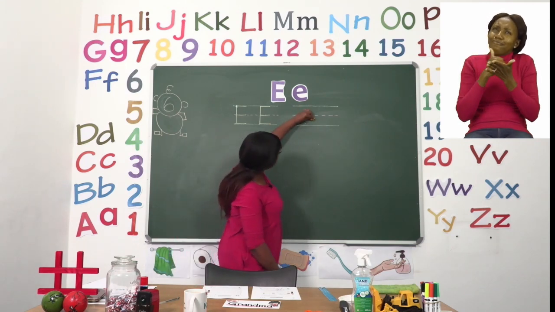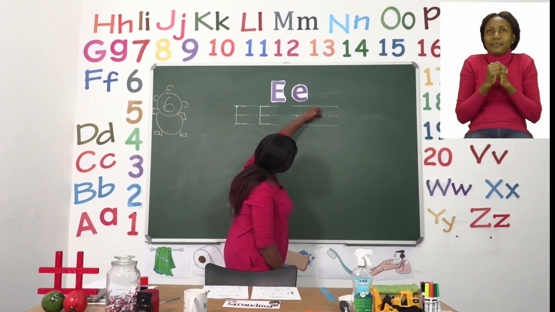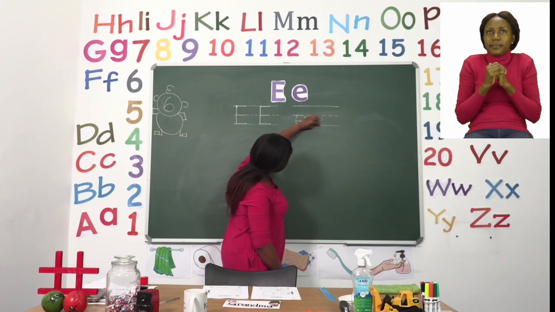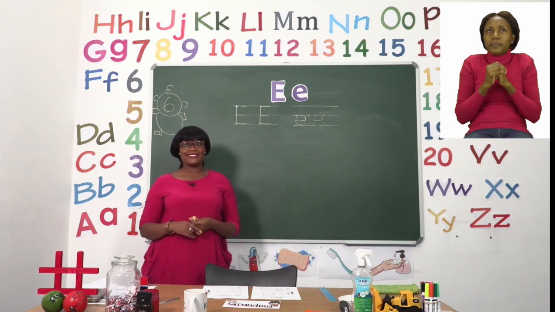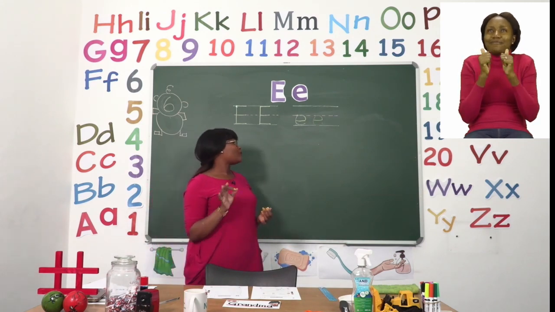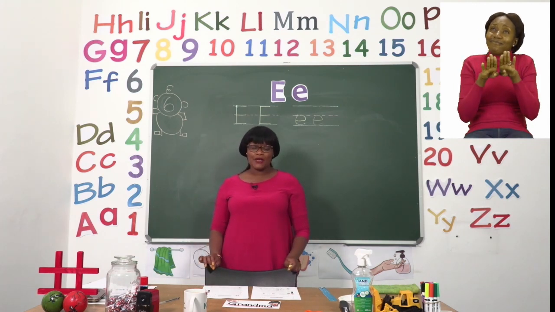Let's try again. We're going to go across and round. Touch the dotted line, come back down through where you started, touch the bottom line, and leave a flick. Well done.